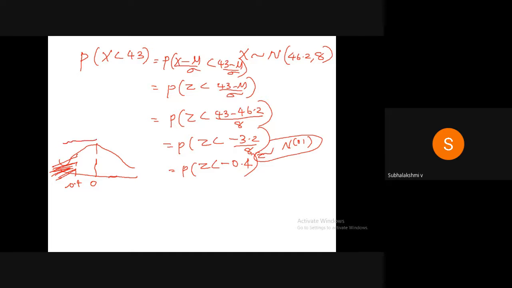The total probability is 1, and the left side of 0 has total probability 0.5. So the probability is 0.5 minus the probability of 0 less than Z less than 0.4.